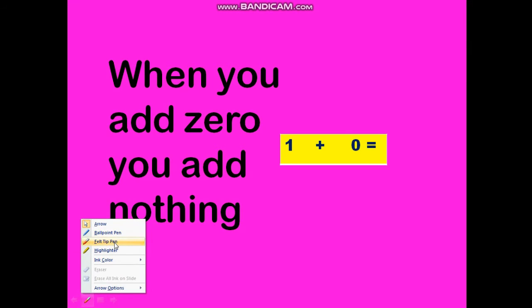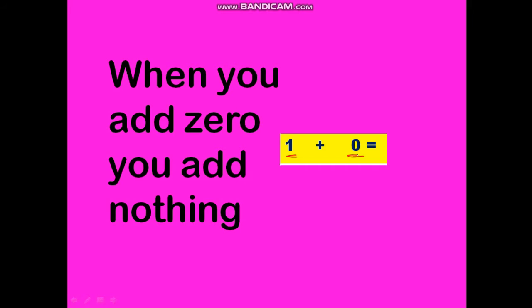Let's take one example. I say 1 plus 0. What will I get? 1 plus 0. Now here you can see that this is 1 and this is 0. And when I am adding 0 to a number, I am adding nothing. So the number remains as it is.